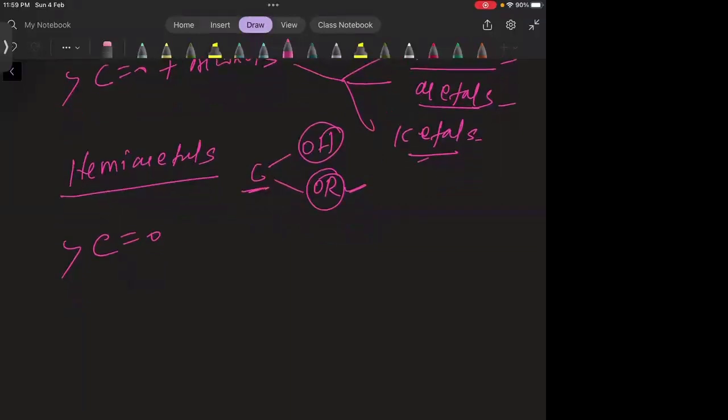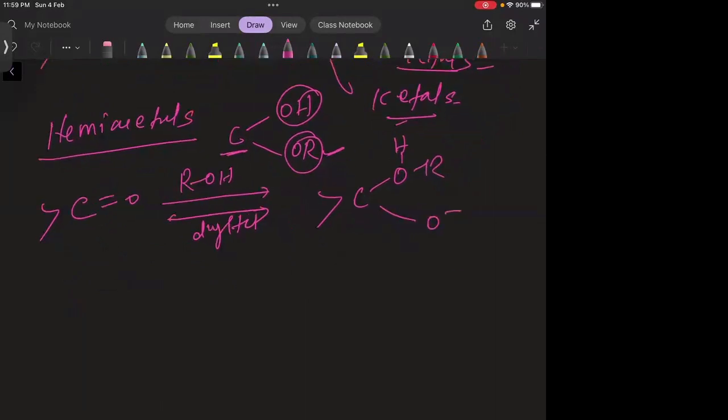So what happens when we take that alcohol in the presence of dry HCl? When we take alcohol in dry HCl, what will happen? It will form C, OH, R, and here is the O negative.